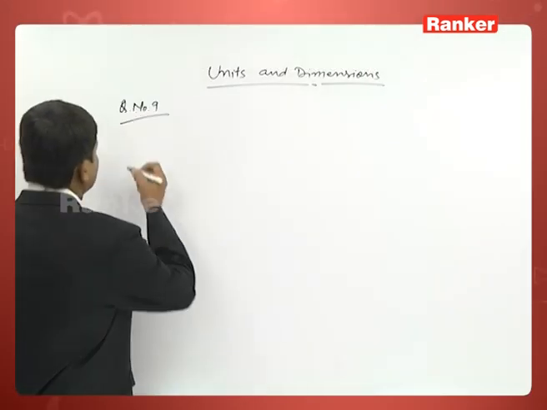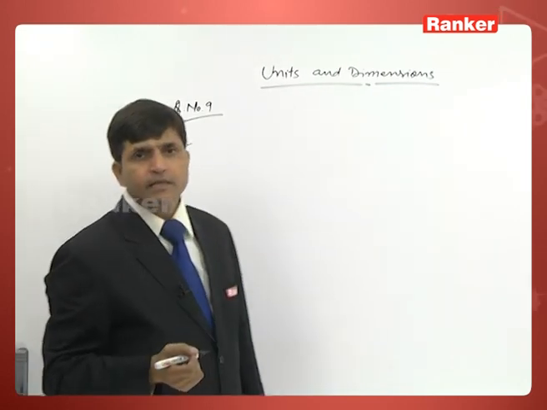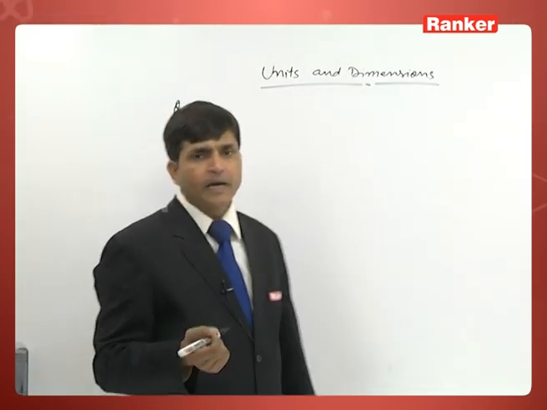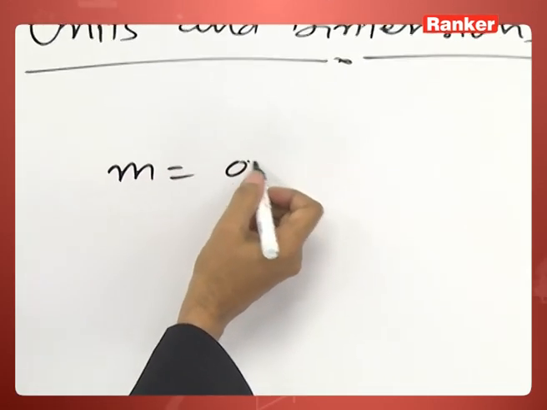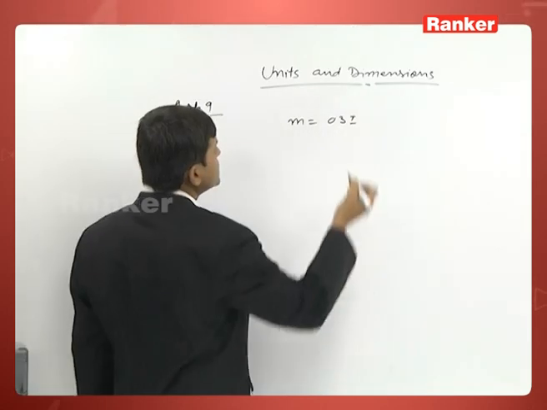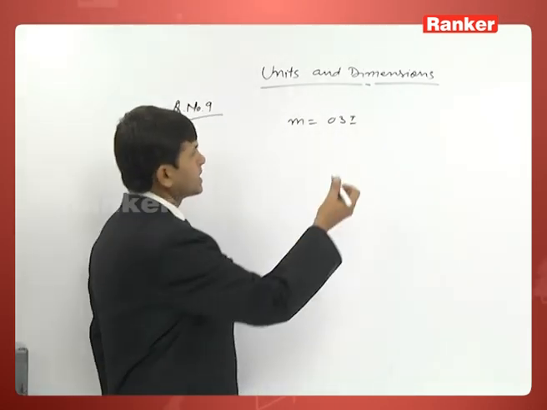Now see how to solve this one. First we write the given data. Mass is 0.3 plus minus 0.003 gram.